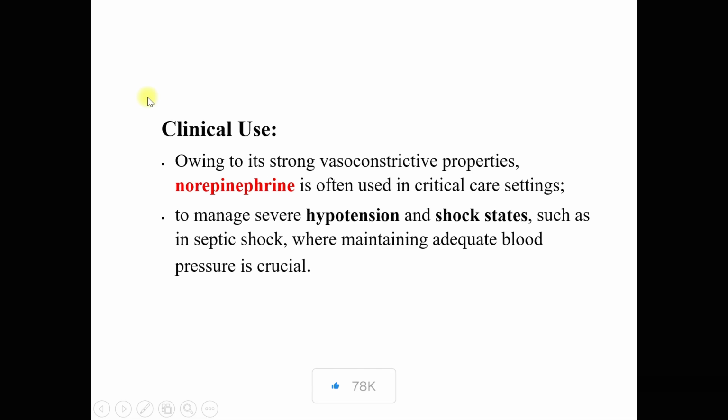Let's see the clinical importance of norepinephrine. Owing to its strong vasoconstrictive properties, norepinephrine is often used in critical care settings to manage severe hypotension and shock states, such as septic shock, where maintaining adequate blood pressure is crucial.